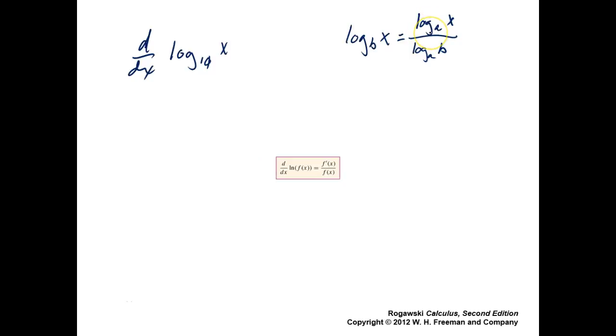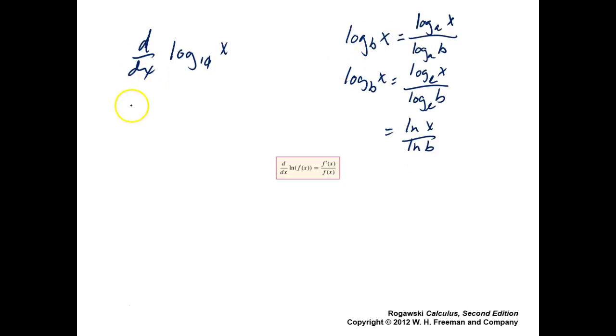So what if our base A is e? So log base B of x would then be log base e of x over log base e of B. Well, log base e is the natural log, so it's the natural log of x over natural log of B. Okay? So, here's a handier rule. Log base B of x is natural log of x over natural log of B.